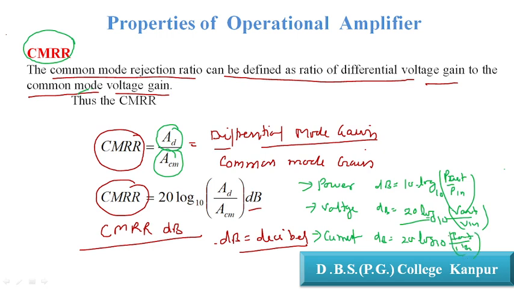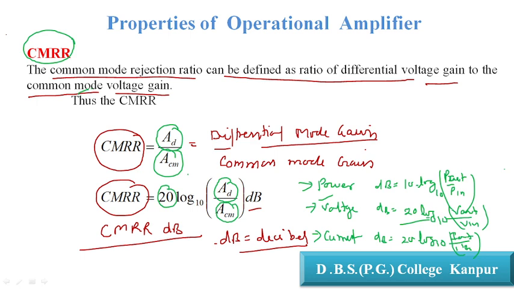So for power we multiply by 10, for voltage we multiply by 20, and for current it is 20. AD is a voltage gain and ACM is a voltage gain, so it is multiplied by 20. Okay, you now understand what CMR is.